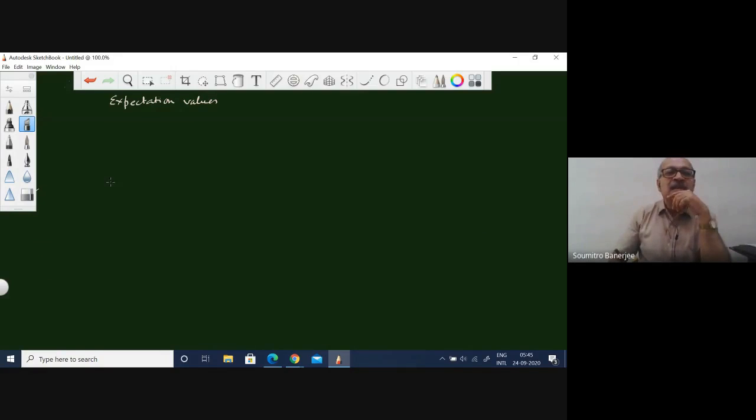So that is basically the expectation value of Sn. It is the probability of observing up times h cross by 2 plus the probability of observing down times minus h cross by 2. Okay?